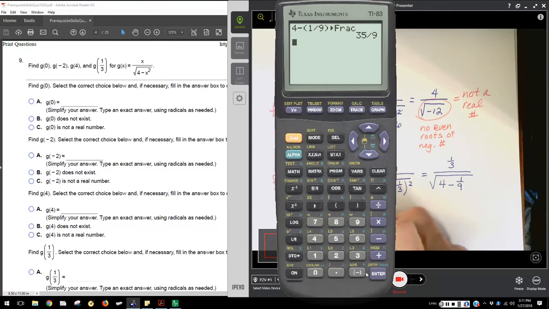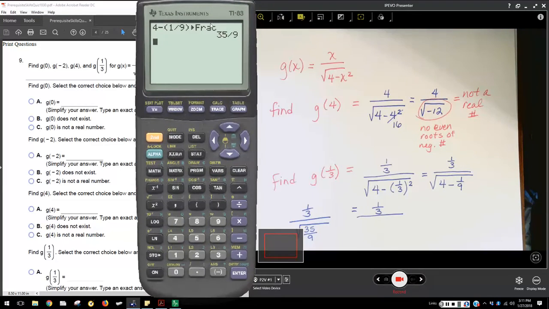Now, I'm just ignoring that 1/3 in the numerator right now. One of the things you need to keep in mind is that when you have square roots of a fraction, you can break up the square root sign and put it separately over the numerator and the denominator.